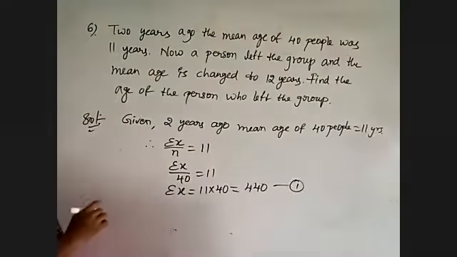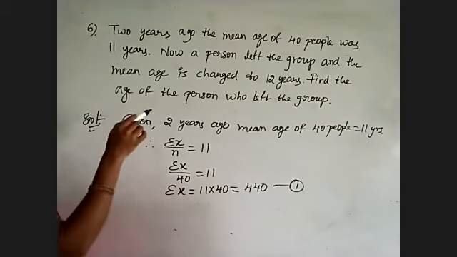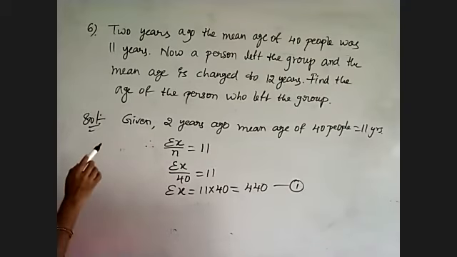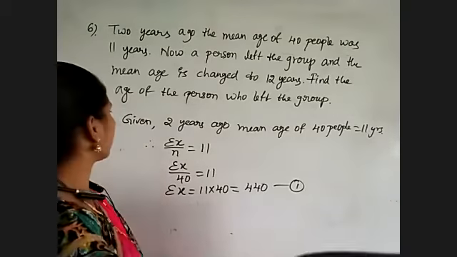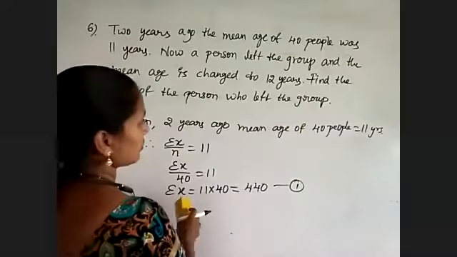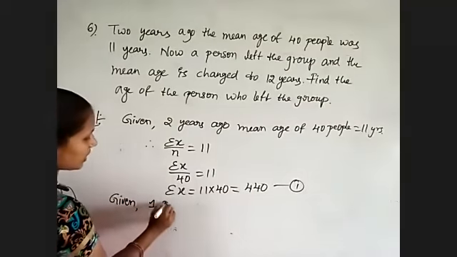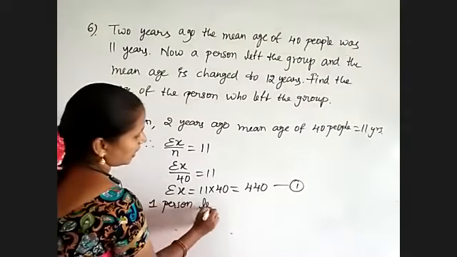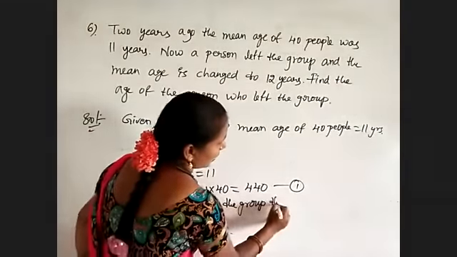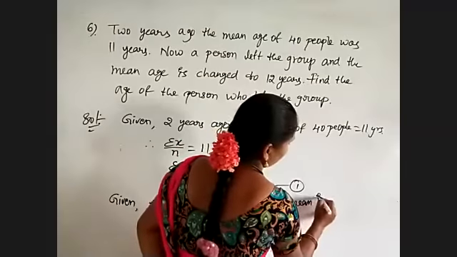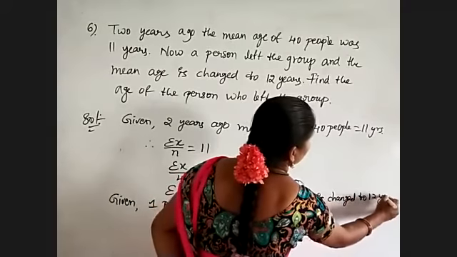And just observe here, this is before 2 years, and presently a person left the group and the mean age is changed to 12 years. So sigma x dash, given one person left the group, then the mean is changed to 12 years.